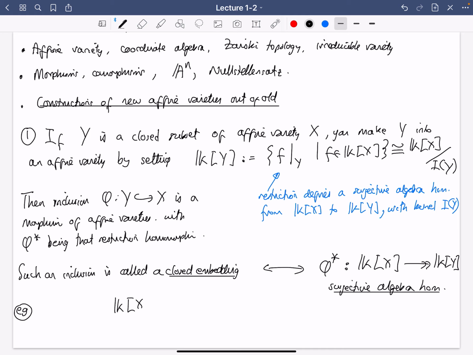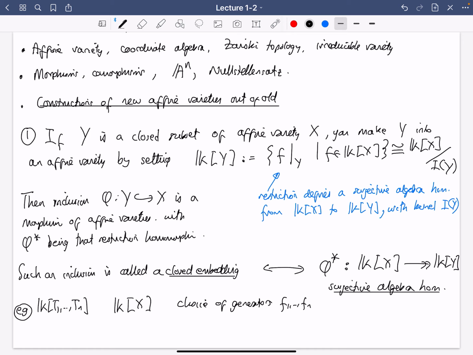And I guess there's one really basic example we should write down. If you have any affine variety with coordinate algebra k[X], and you make a choice of generators f1 up to fn for that coordinate algebra, well, I think we talked about this already.